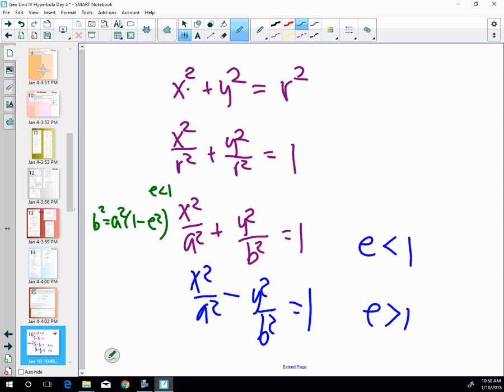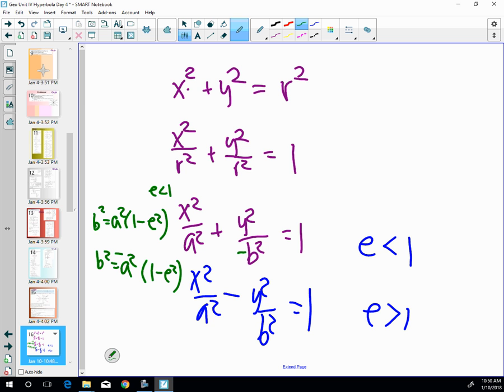It'll be negative. So b squared is equal to a squared times a negative when you do 1 minus e squared. And if b squared is negative, see how that negative is just going to make this a minus. There, I just proved the hyperbola. How'd you like that? Never so fast.